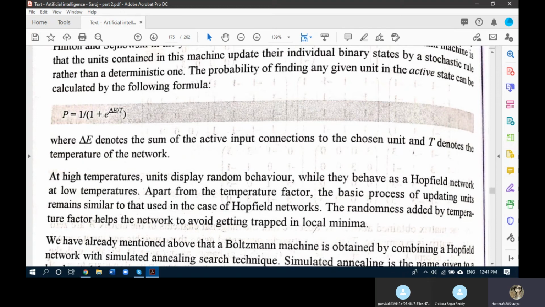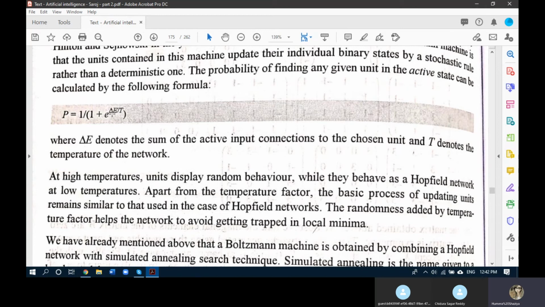Not every time does the temperature of the network remain constant, and therefore the state activation is stochastic. It's not deterministic. If the T value is fixed, in that case it becomes deterministic, because it always gives out the same value.